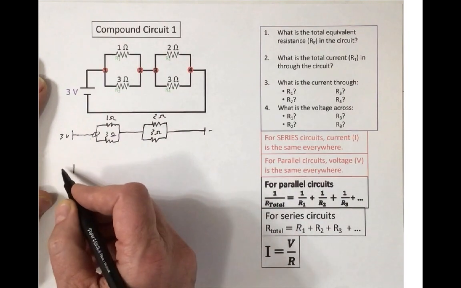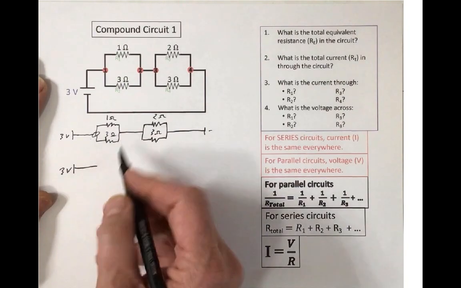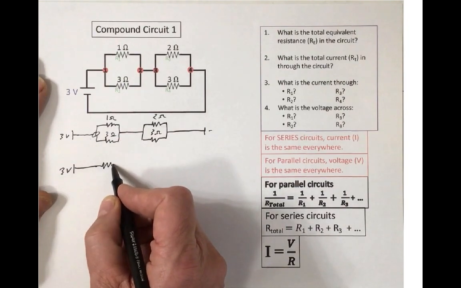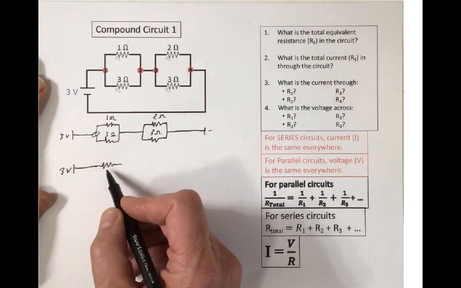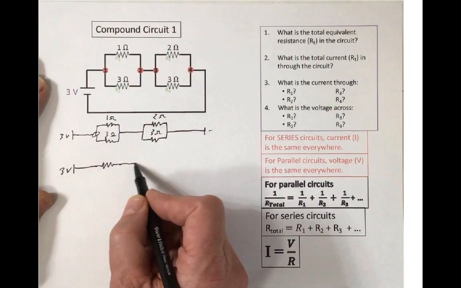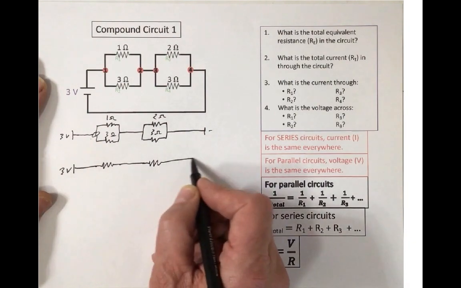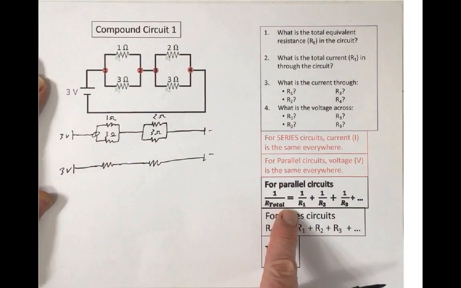parallel. So I'm going to redraw it, and I'm going to combine these two, resistor 1 and resistor 2, into one resistor, and I'm going to combine these two into one resistor using the reciprocal equation.